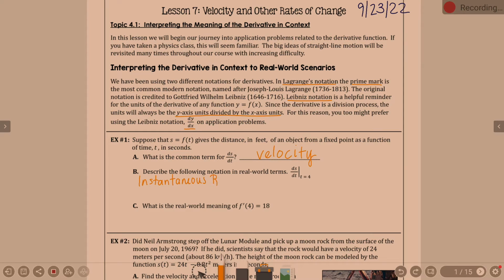So I'm going to write instantaneous rate of change of the object, in feet per second, when t equals 4 seconds.